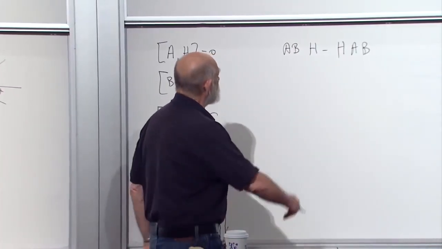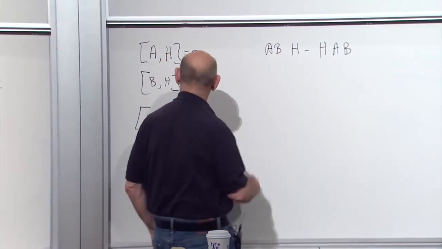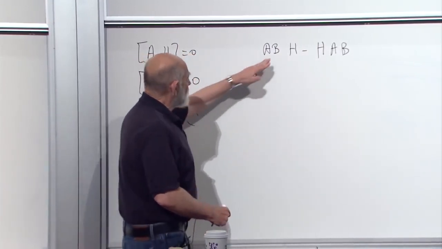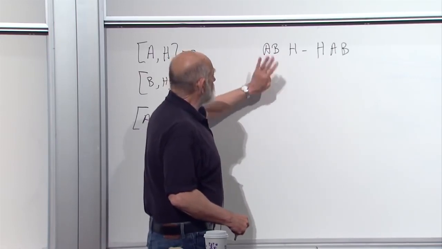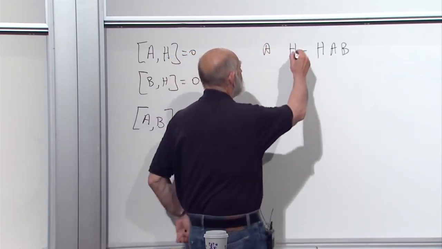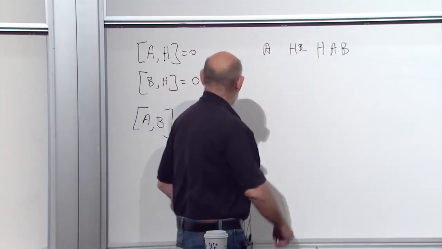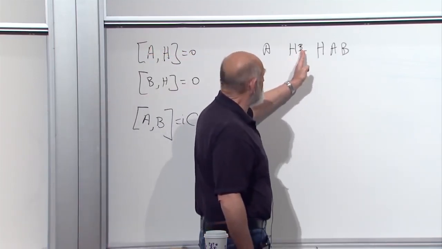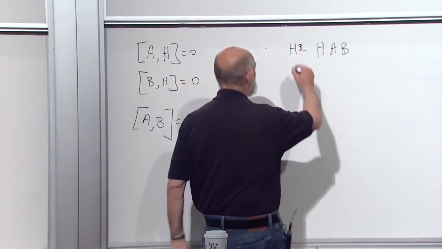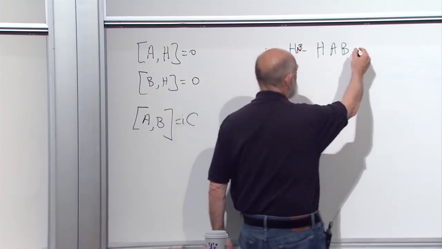But now all we have to do is say, look, we know that B commutes with H. That's an assumption. That means that we can move B to the other side. Once we've moved B to the other side, we know that A commutes with H. That's also an assumption, so we can move A to the other side. And that, of course, is equal to 0.